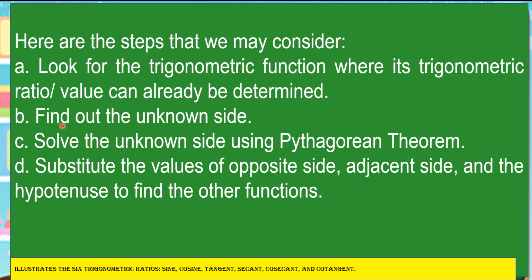Then B, find out the unknown sides. In finding the unknown side, solve it using the Pythagorean theorem, which is c squared is equal to a squared plus b squared. Then substitute the values of the opposite side, adjacent side, and the hypotenuse to find the other functions.